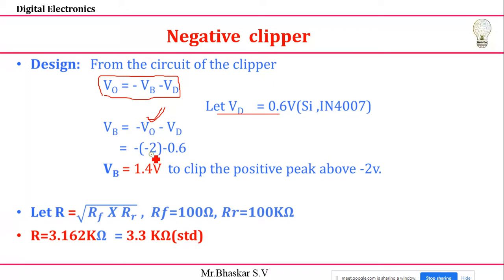Just substitute minus 2 volts and simplify, and the magnitude of the biasing voltage I'll get is 1.4 volts. So 1.4 volts is needed to clip off at minus 2 volts. Next, calculate the R value as it is; this value only you're getting. Just write down this negative clipper circuit.